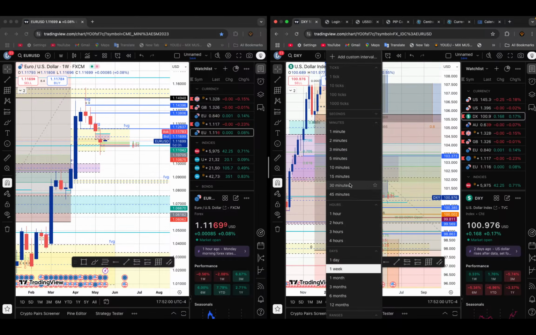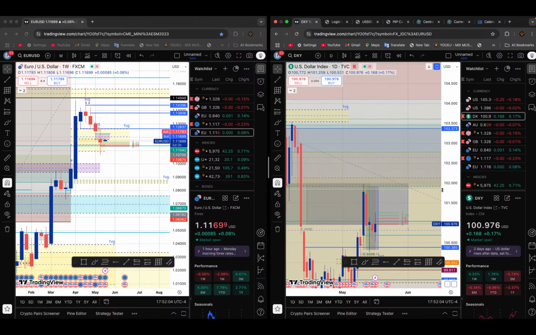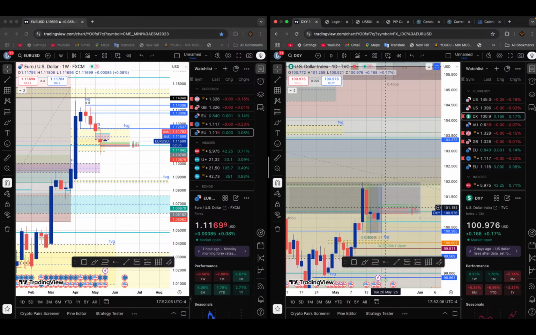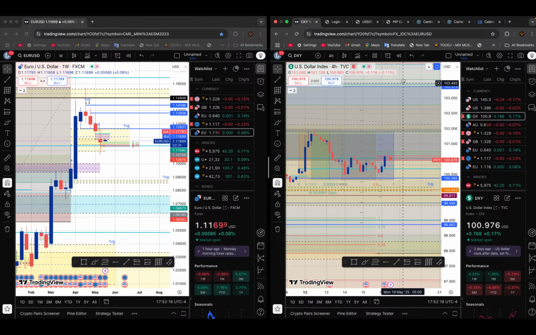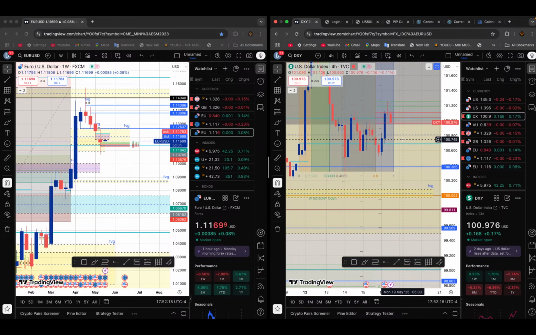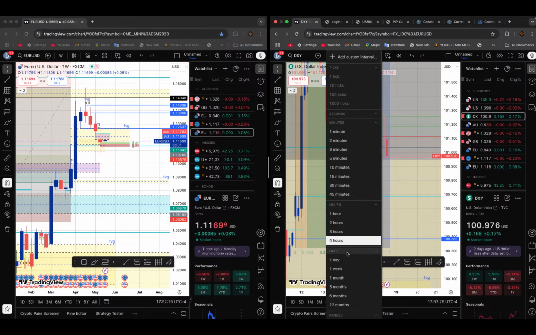Best thing now, on the daily, would be reaching a maximum of up to the consequent encroachment of this wick. We don't want it to go all the way there though. Potentially want it to go there, not past that, potentially come up into there.